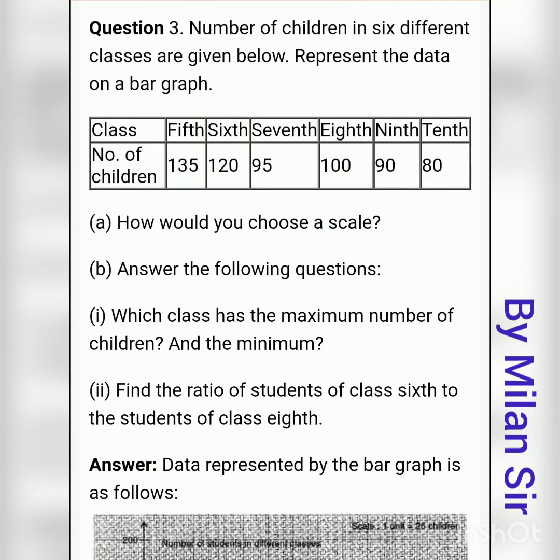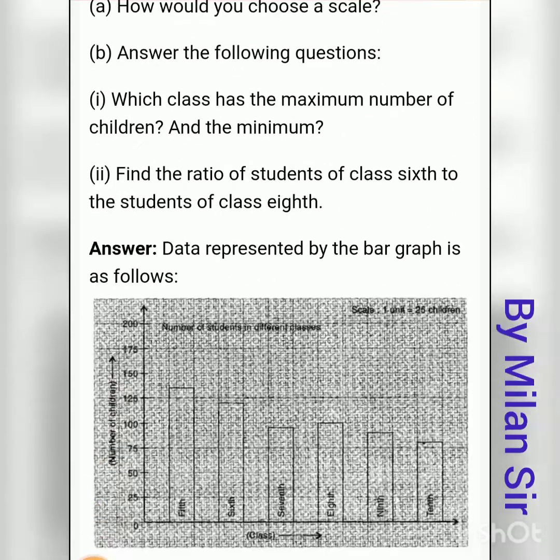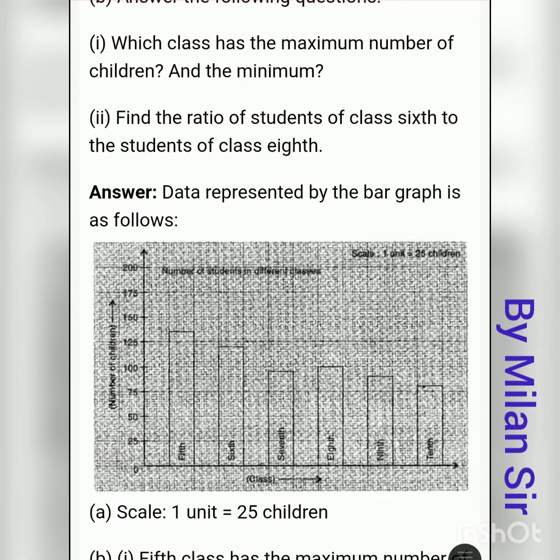Now for 5th class, we need to draw the column up to 135. 135 lies between 125 and 150.